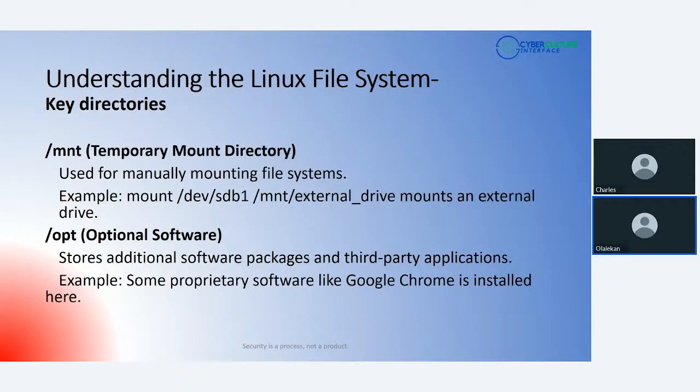Your laptop can work without Google Chrome. Your Windows can work without Google Chrome. Your Linux can work without Google Chrome. So Google Chrome itself is a third-party application. It's not a native application to Linux. So when we say software and third-party application, these are applications that are not native to Linux.